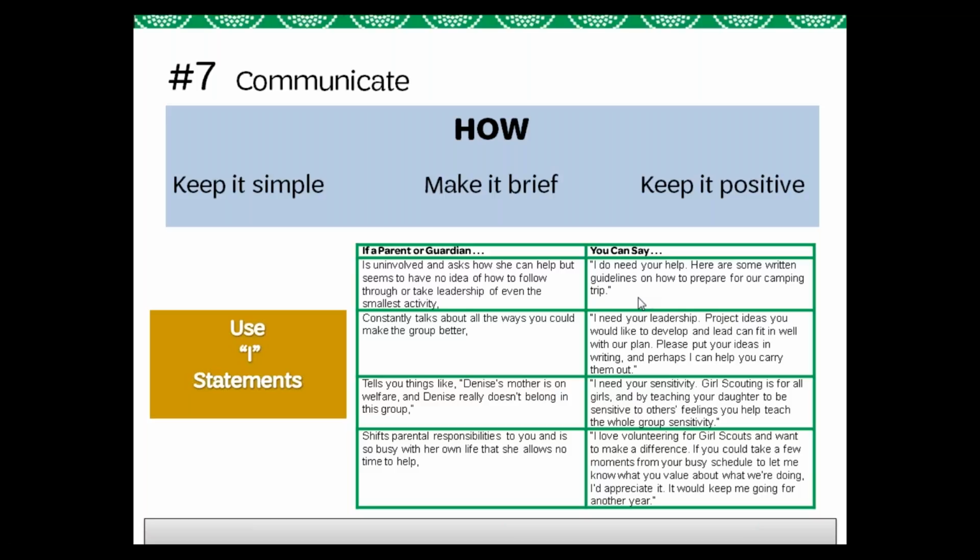Here are some written guidelines on how to prepare for a camping trip. Take some time, look over it, and then we can talk later. So that's just an example where instead of saying you, you use I, and it develops a more two-way communication and relationship with the parent.